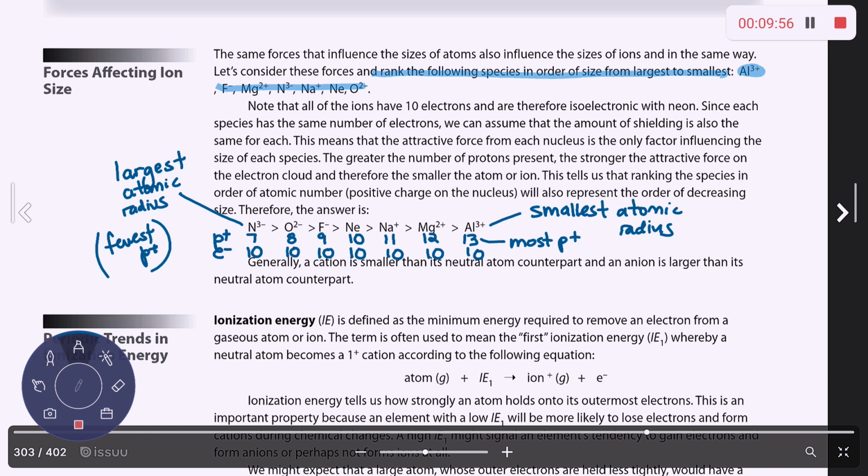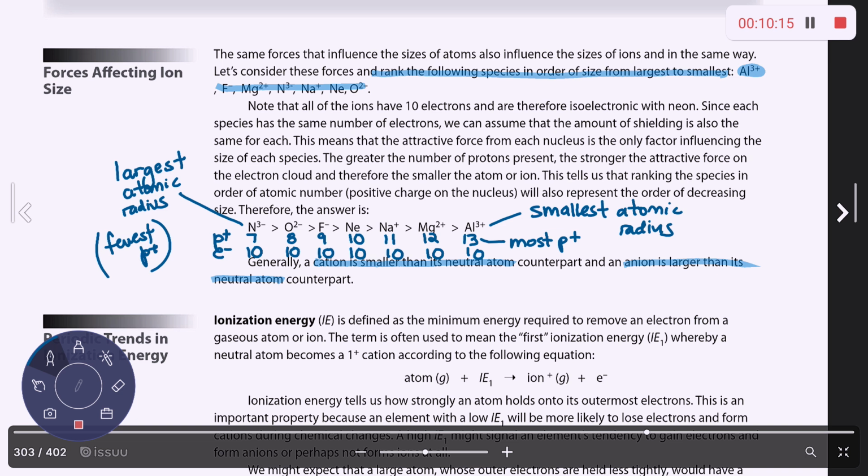Now, a common question that you might get is comparing cations with its neutral atom or an anion with its neutral atom. So here it says cations are usually smaller than their neutral atoms, and anions are usually larger than their neutral atoms. Why is that?